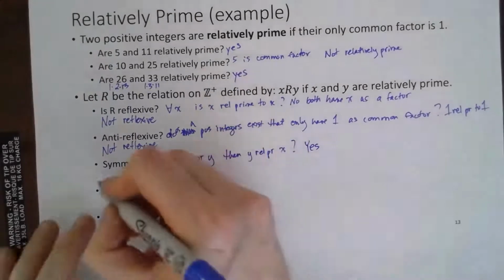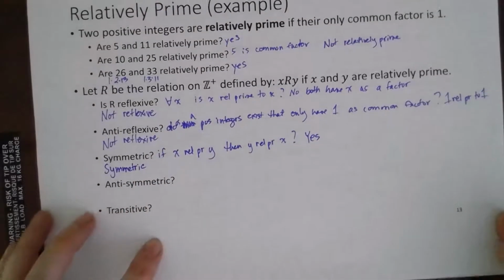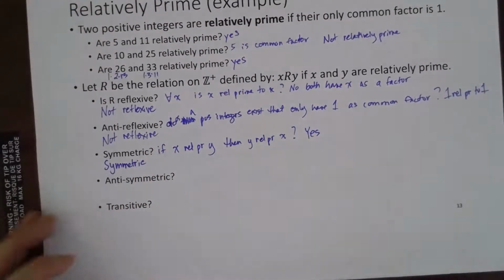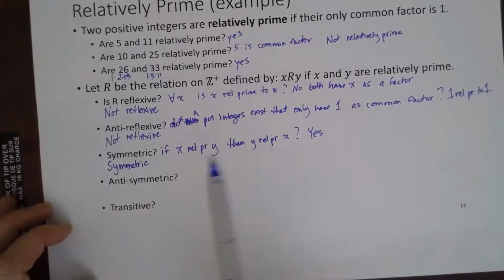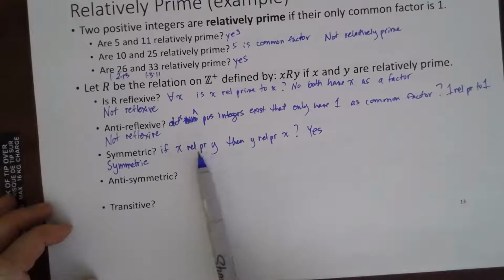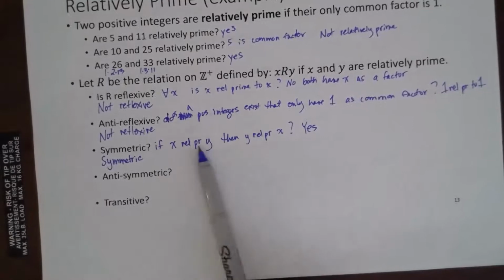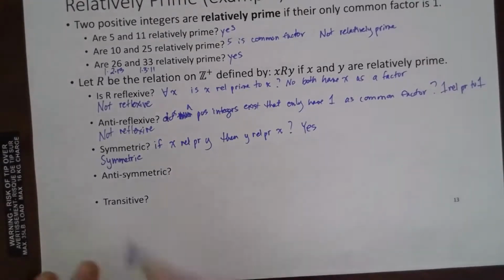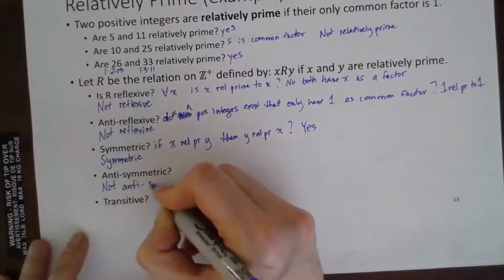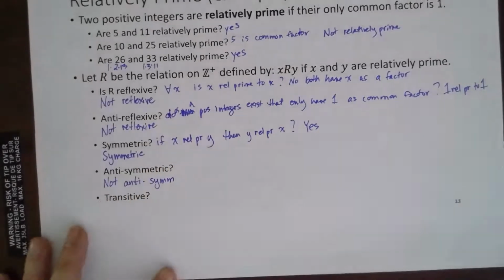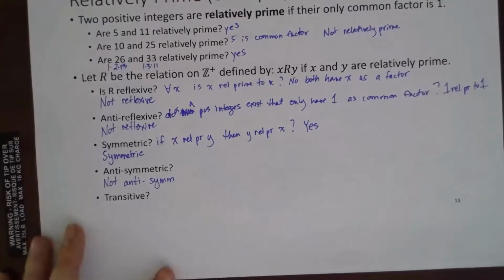So this is symmetric. And then anti-symmetric would mean that I could get at most one of these. If x was relatively prime to y, I could not get this one at the same time. Since we always get both of these or neither of these, this one will not be anti-symmetric, because every time we get xy, we're also going to get yx.